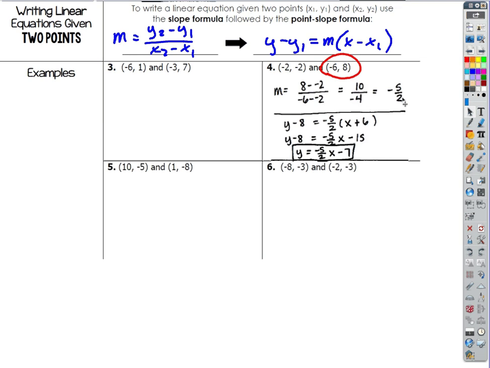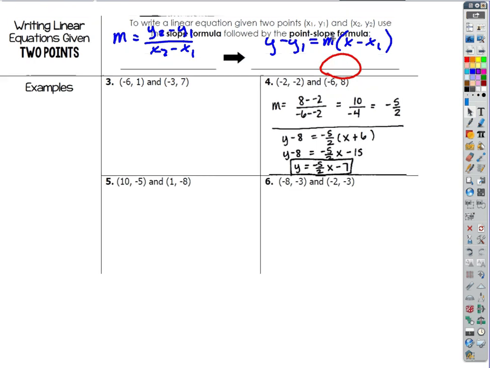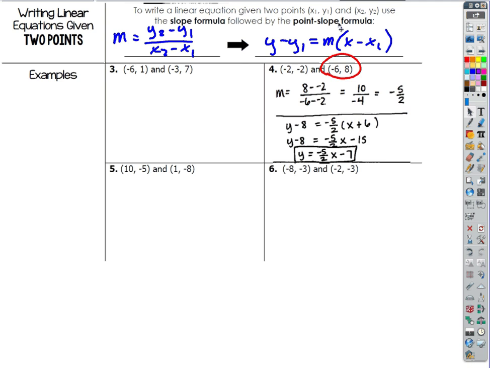Now that we have a slope, we know where that goes in point slope form. That goes in for m. And then we need to pick the easiest of the points that we have available. Sometimes there's really not much difference. In this case, it doesn't really matter. So they picked -6 and 8 to be the values of x1 and y1 that we're going to plug in.